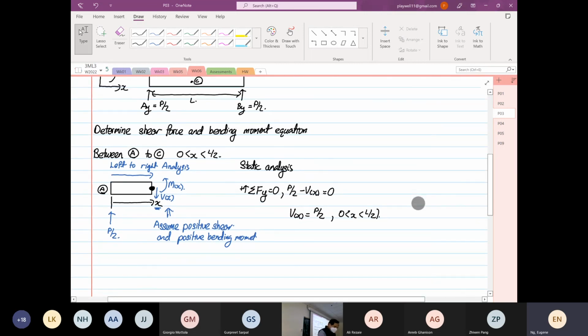Okay, so over here, moment. So I mentioned moment in the z direction, anywhere upon x value is equal to 0, right? So P over 2 will do an anti-clockwise direction. So P over 2 times x, or Px over 2, plus M as a function of x is equal to 0. So M as a function of x is equal to Px over 2.